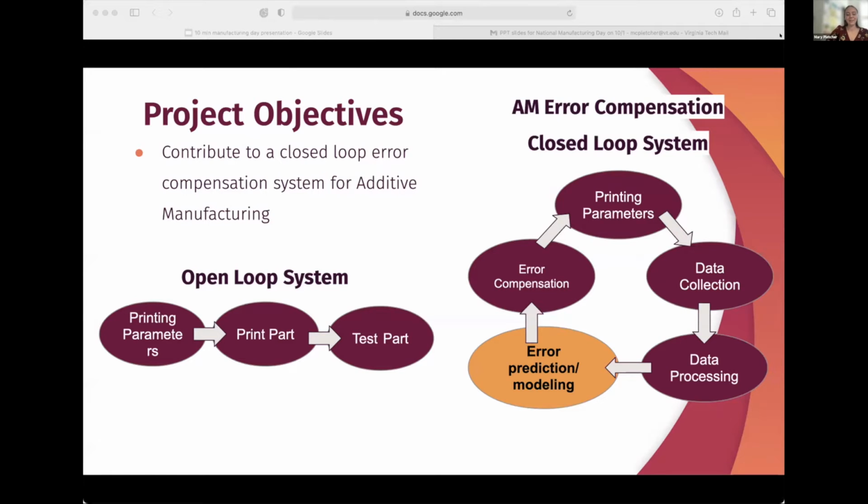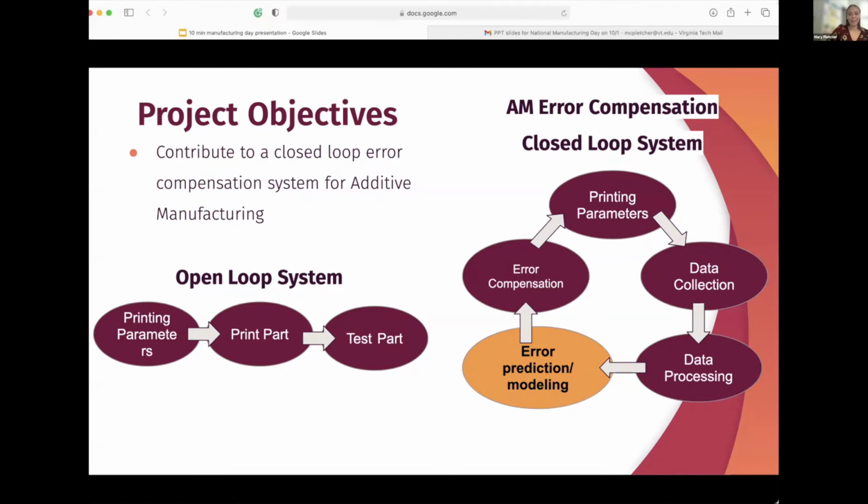So on the left here, you see an example of an open loop system, which would be taking printing parameters like the part shape, the layer thickness, the extruder temperature of the additive manufacturing machine, and then you would print the part and then you would test the part to see if it met the qualifications.